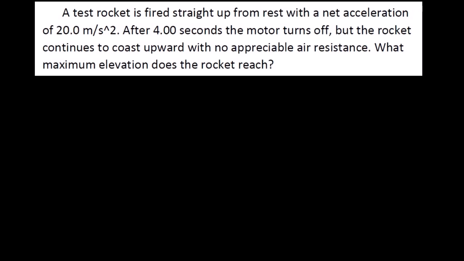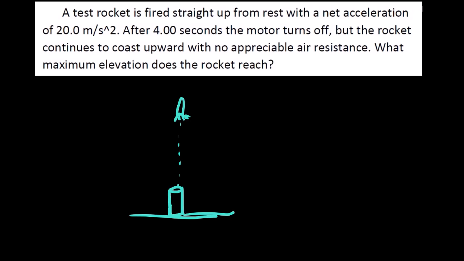As usual, we are going to draw a picture form. So you can see this is some kind of a gun that fires up that particular rocket. So the rocket is fired up vertically from rest.